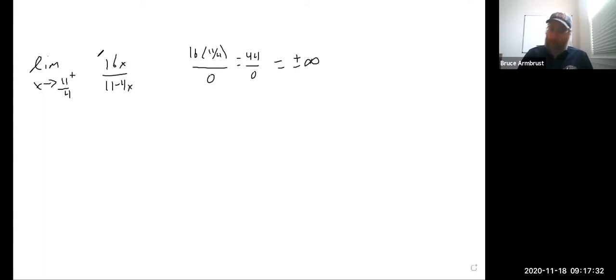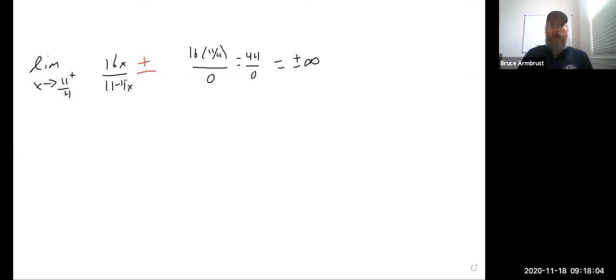Well, I'm going to go back to this guy and think about what kind of values I get in terms of the signs when I'm to the right of 11/4. So thinking about the signs, the top is going to be positive because I got 16 times a positive number. I don't care what that number is, it's going to be positive.